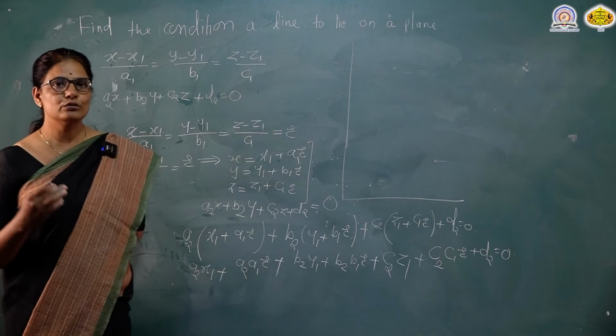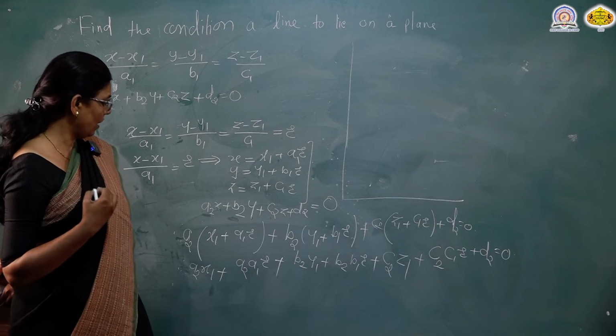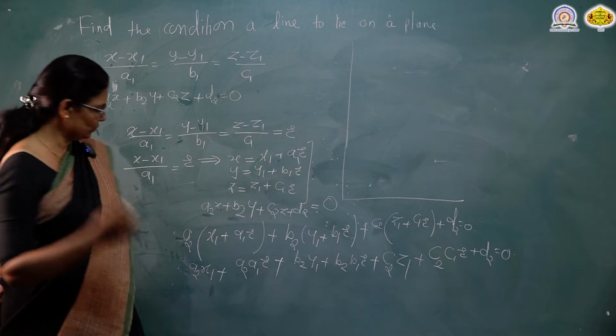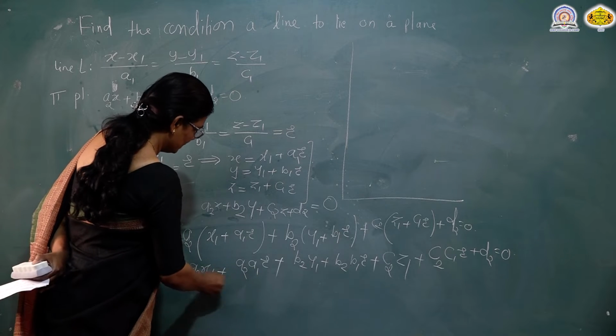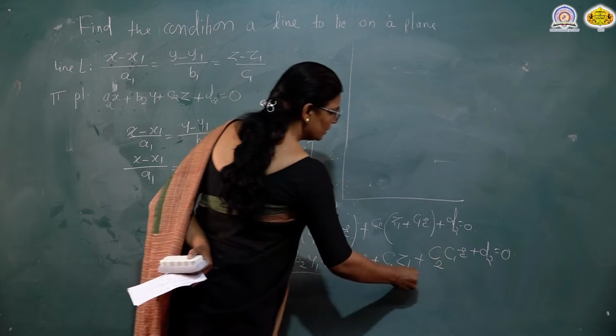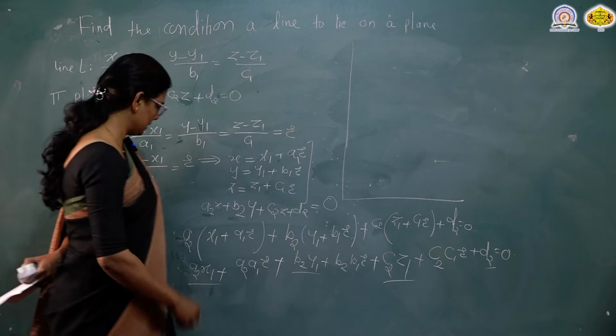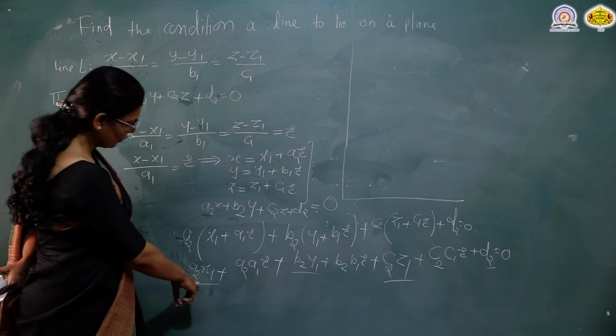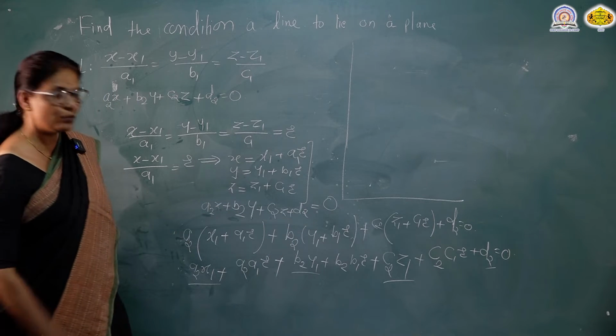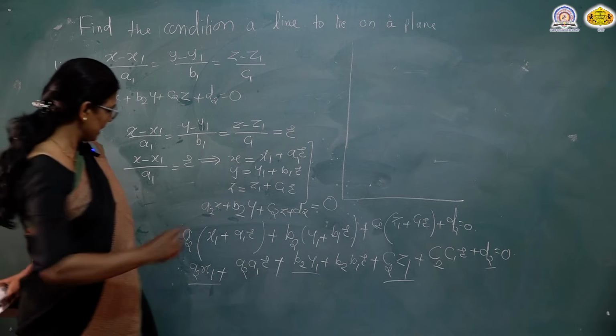Now the next step is we have to collect the terms of R and the constant terms together. So I write first the terms without R together. We underline all these terms by a single underline. Now I write all these terms in one bracket.